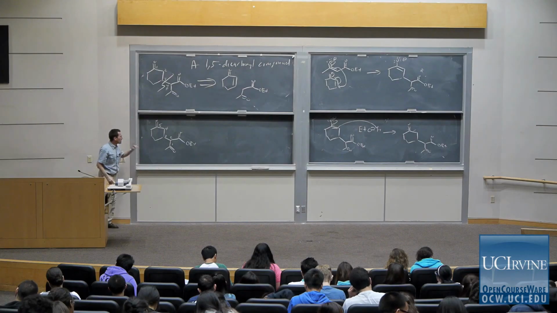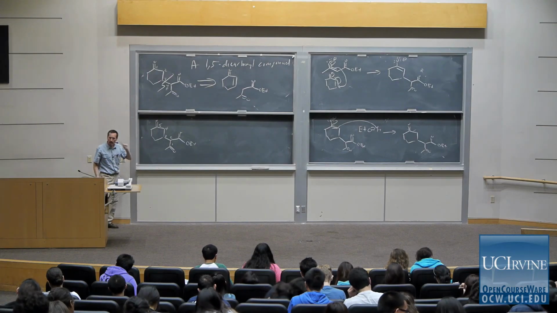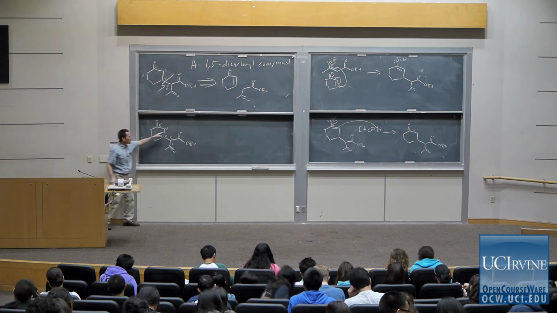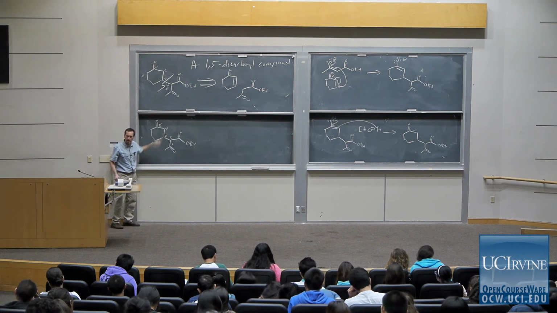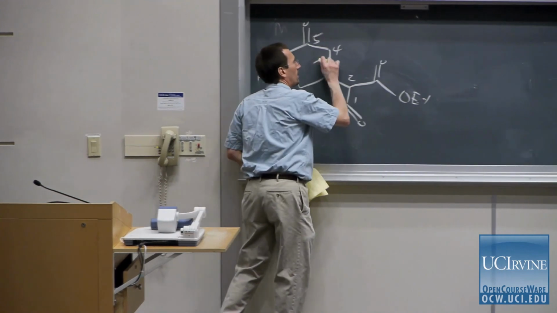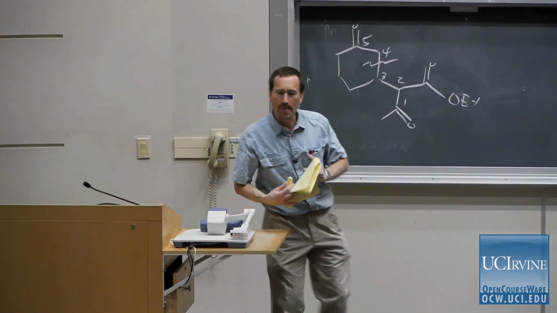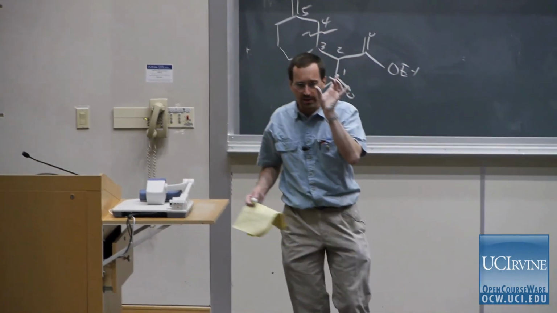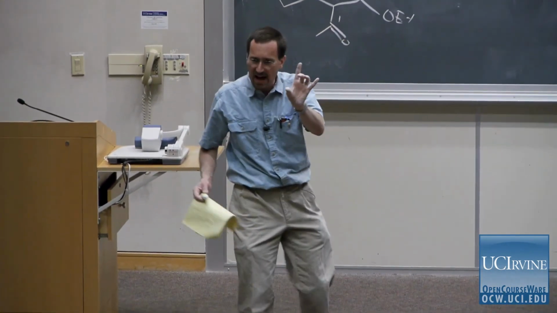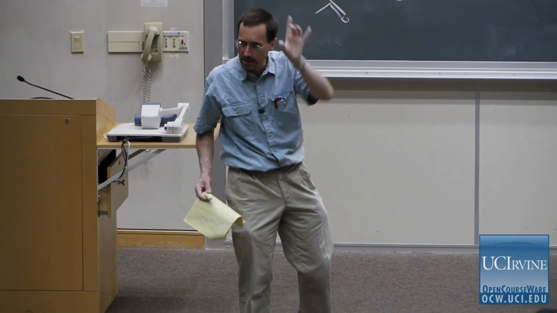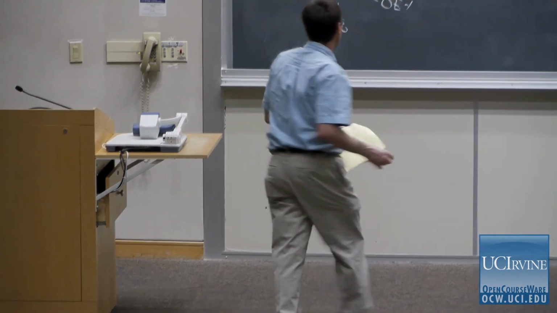And you look and you say, oh, I'm going to break the bond between the 3 and 4 carbon, like so. And I'm going to apply all my smarts about it being the bond between the 2 and 3 carbon that was the alpha-beta unsaturated one, and the 4 carbon that was the nucleophile.